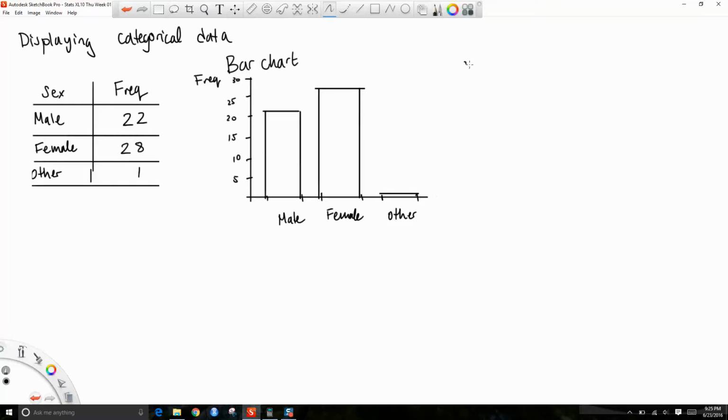So just a few things stylistically. We leave gaps between our bars. And the arrangement of these bars is arbitrary.